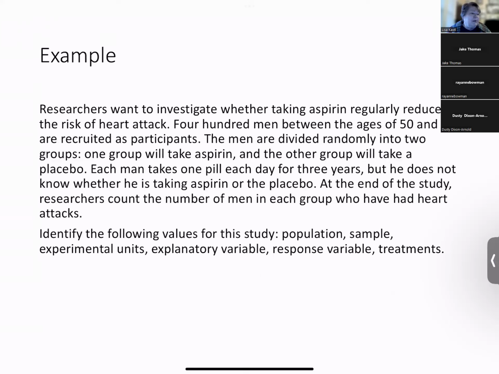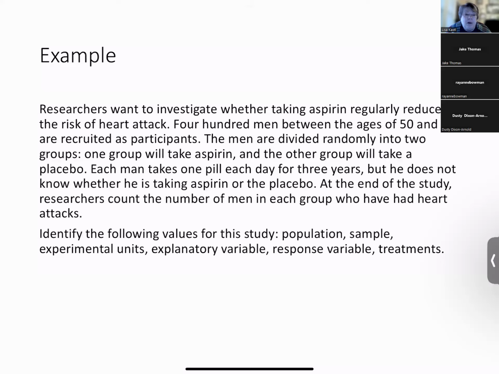Okay, so researchers want to investigate whether taking an aspirin reduces the risk of heart attack. 400 men between the ages of 50 and 84 are recruited as participants. The men are divided randomly into two groups. One group will take the aspirin, and the other group will take a placebo.